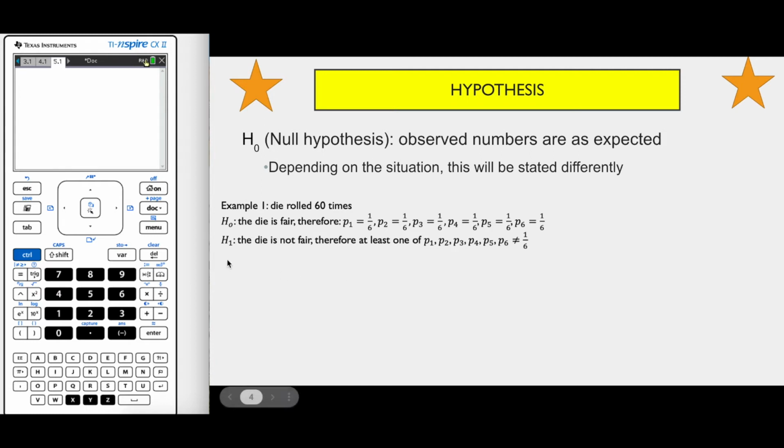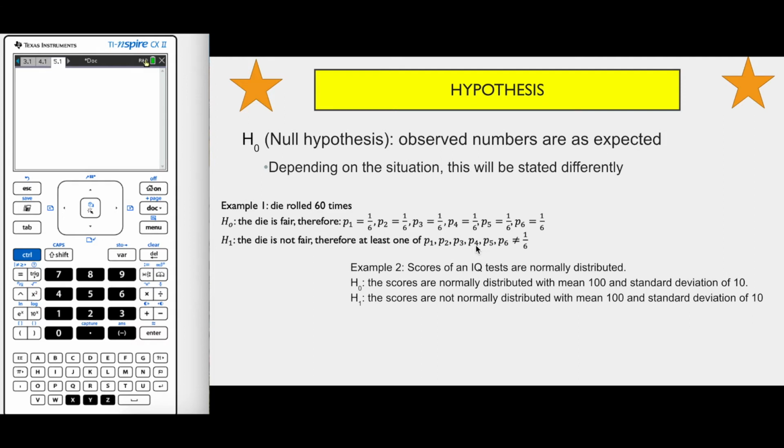Another example where we can use goodness of fit is if we're looking at scores on an IQ test. Well, an IQ test, we can imagine that it's normally distributed. So we would expect the scores to follow a normal distribution with a mean of 100 and standard deviation of 10. And then the alternative would be that it just doesn't follow that distribution.